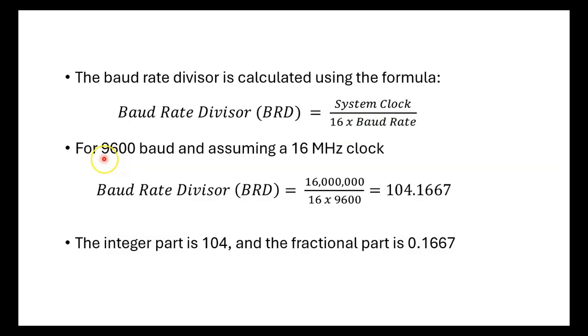For a baud rate of 9,600, and assuming a 16 megahertz clock, the BRD would be 16 million divided by 16 multiplied by 9,600. That gives us 104.1667. The integer part would be 104, and the fractional part would be 0.1667.